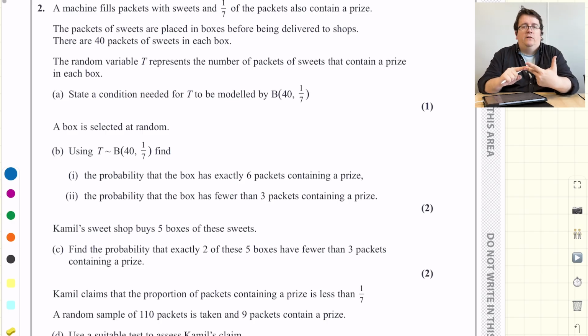Now, when you write down and explain independence, remember it's not that the probabilities are independent, it's that the events are independent. Okay?